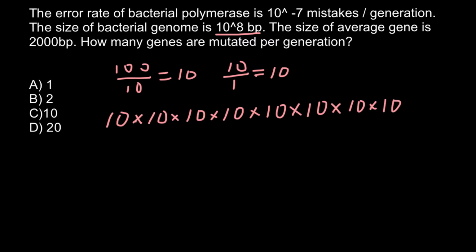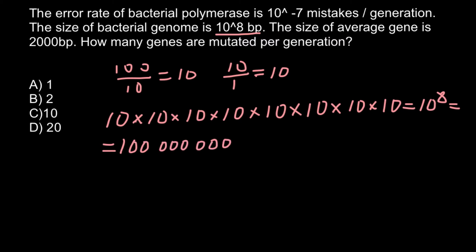So this is the same as 10 raised to the power of 8, and if we multiply all these numbers, we get 1 with 8 zeros.